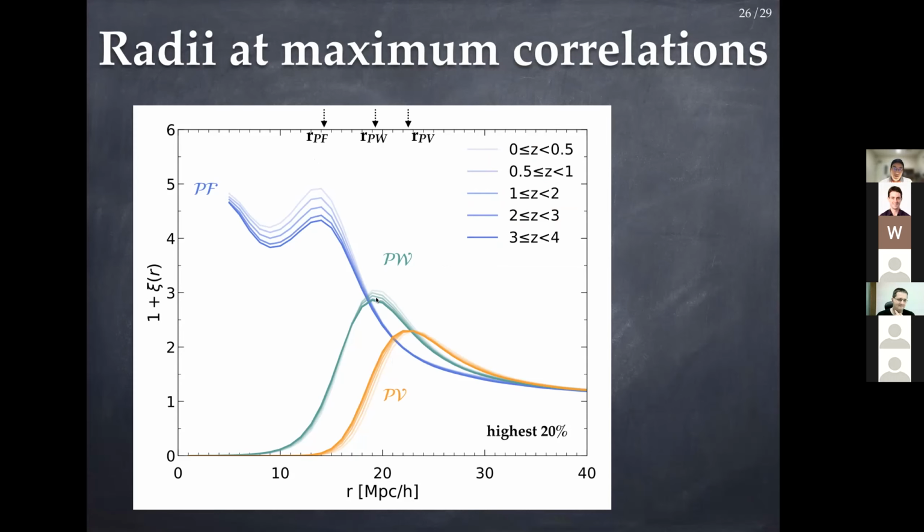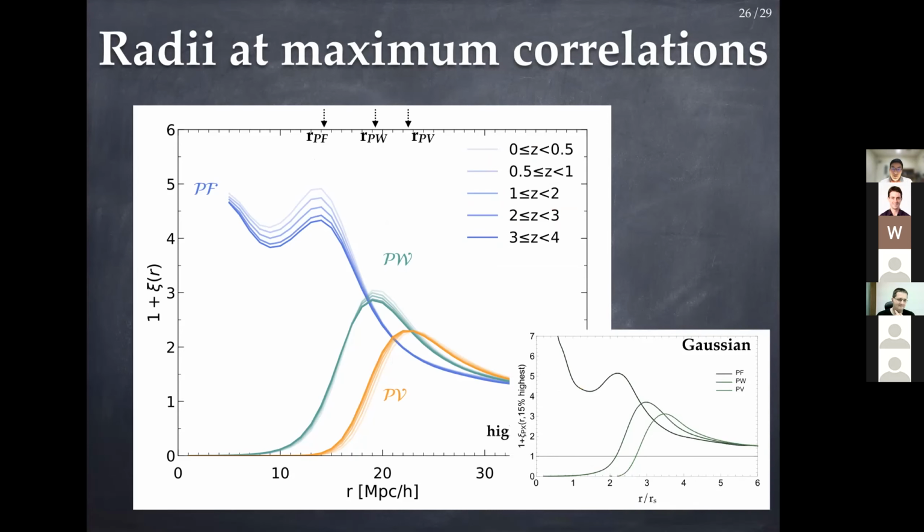And it seems that these specific scales are less likely to evolve with respect to time. If you compare these configurations to the theoretical prediction from Gaussian random fields, you confirm that these features are already encoded in the initial stage and persist even to late time.